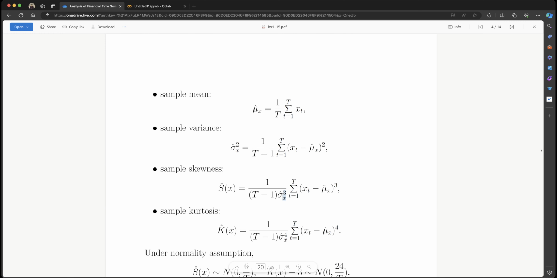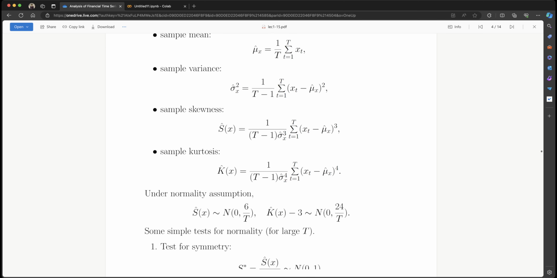Here we have the third central moment in sample form, with T-1. Under the normality assumption, that is, if the data is normal, this skewness follows a normal distribution with mean 0 and variance 6 divided by T. So this is under normality, and this is very important.